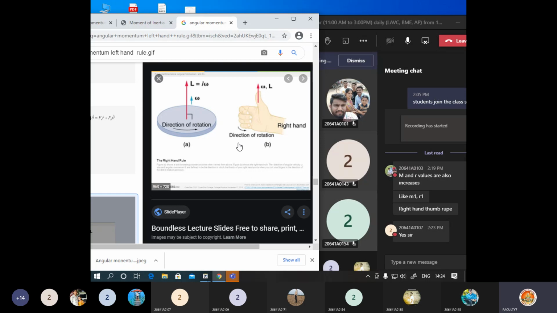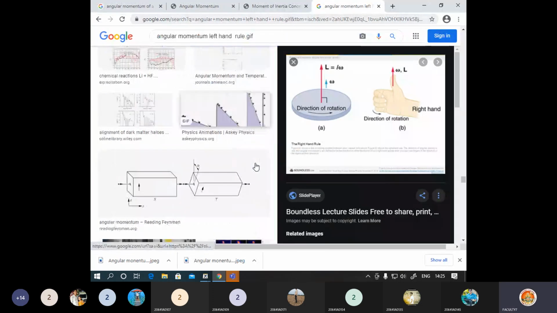Now, if you rotate in the opposite direction, you need to change the hand. Let me see whether the diagram is available or not.